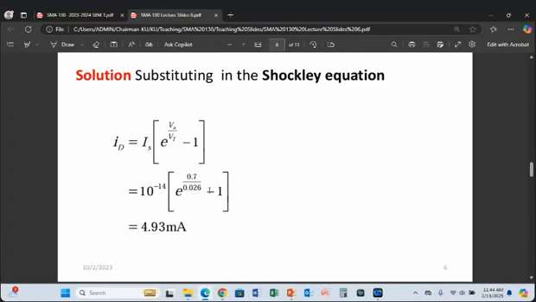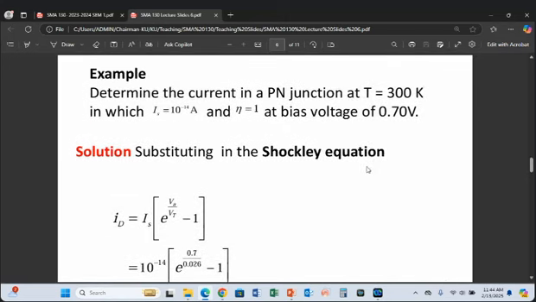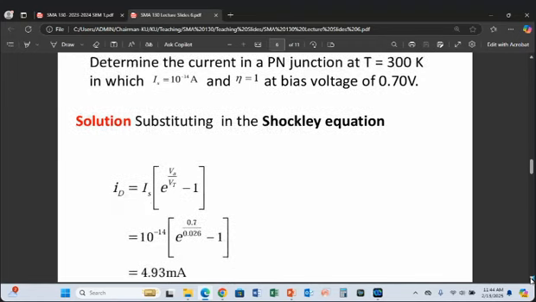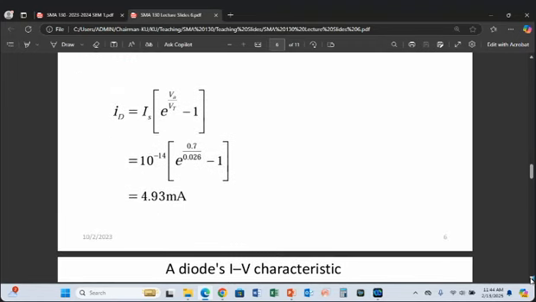When we substitute all these values, this is how it looks: 0.7 divided by 0.026. 0.026 is the thermal voltage for a diode made from silicon. So the current is 4.93 milliampere.